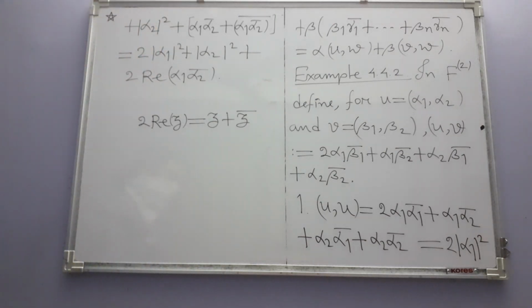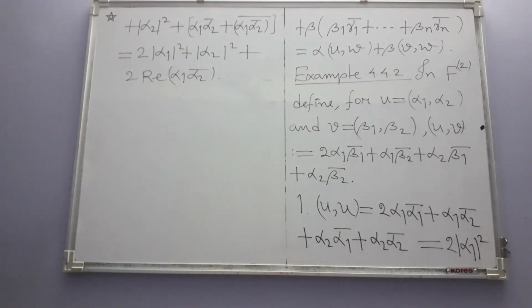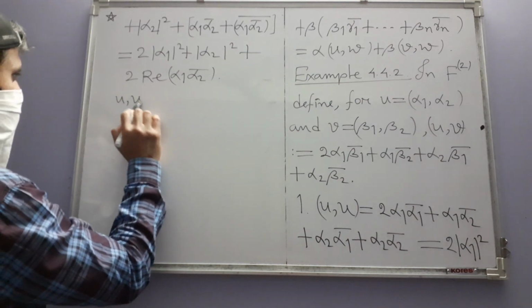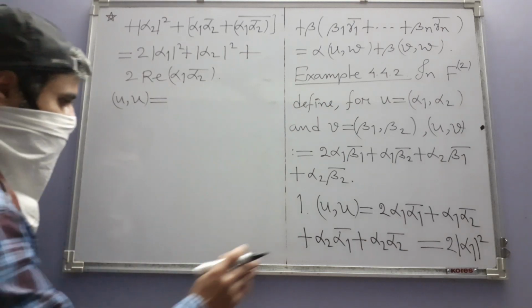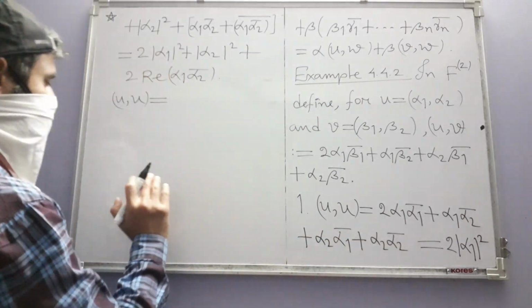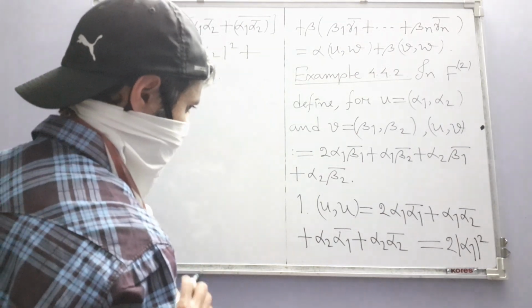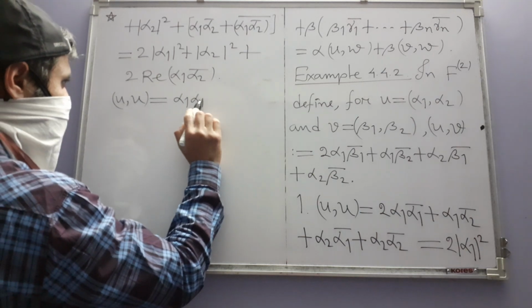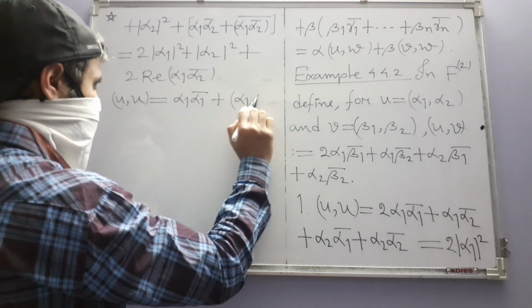So let us try once more in a slightly different way. So again we write u comma u, but we now already know a little about what it's going to be. So what we are going to get here is this: alpha 1 alpha 1 bar plus alpha 1 alpha 1 bar.